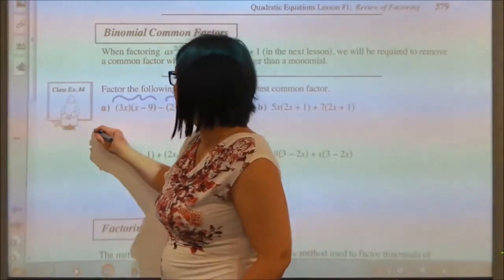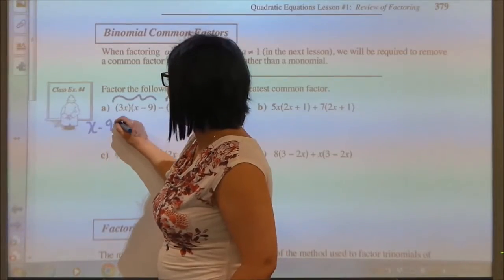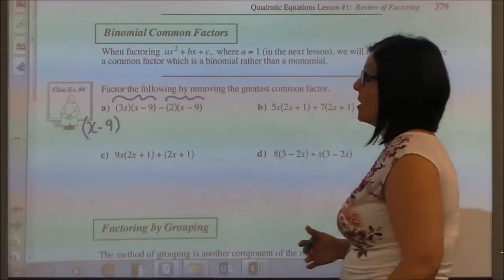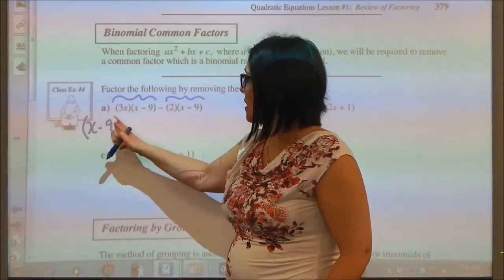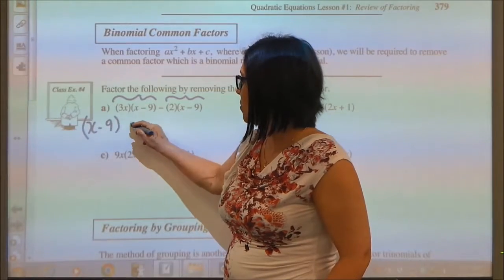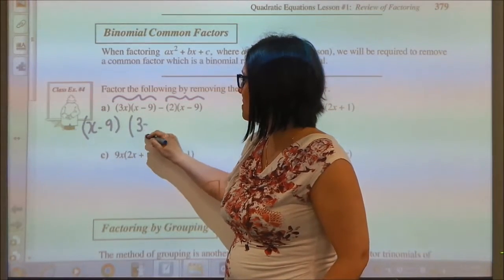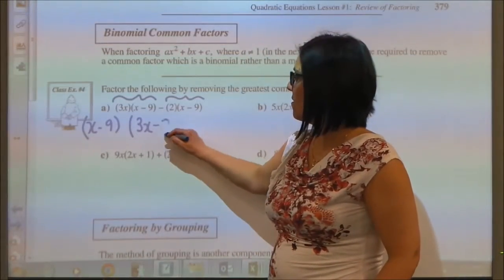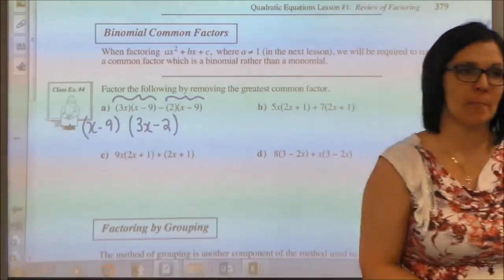The whole thing is common to each. So I can factor, meaning divide, x minus 9 from each term. If I divide x minus 9 by x minus 9, I get a 1, so it leaves me with just the 3x. X minus 9 divided by x minus 9 leaves me with negative 2.